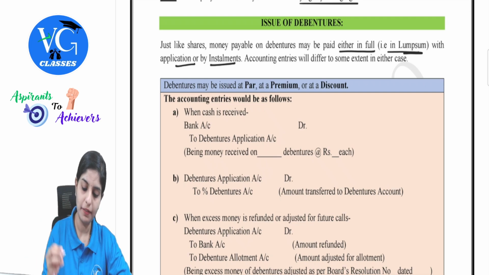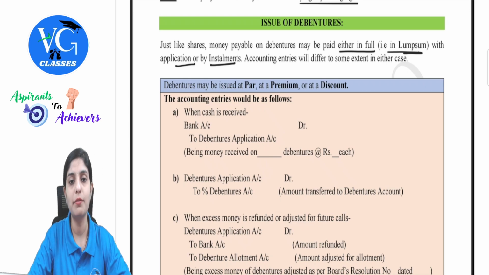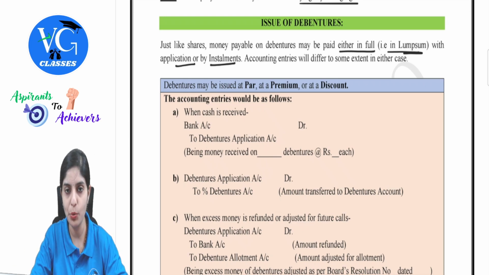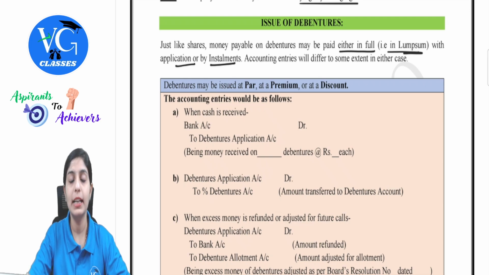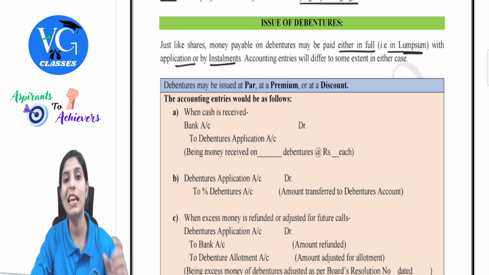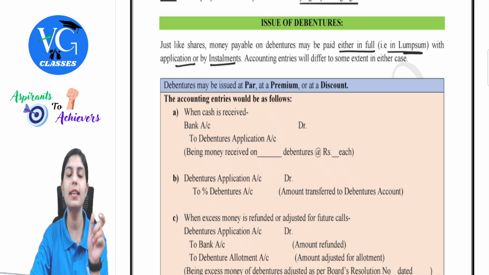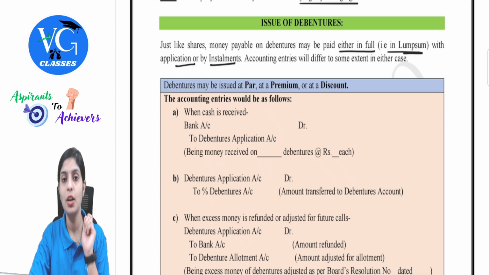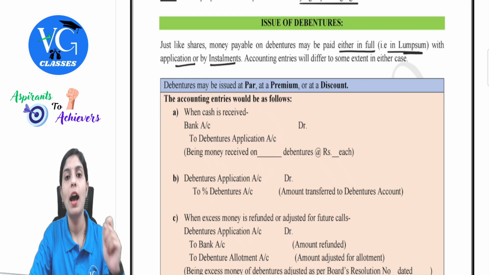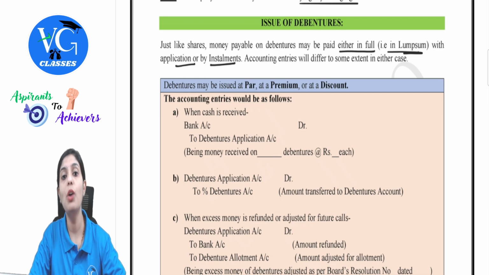Now, if it is received in lump sum with respect to the debenture issue, the company will simply take the money by debiting bank account and then credit the liability account, which is represented as percentage debentures. This is in respect of issue of debentures happening through lump sum.